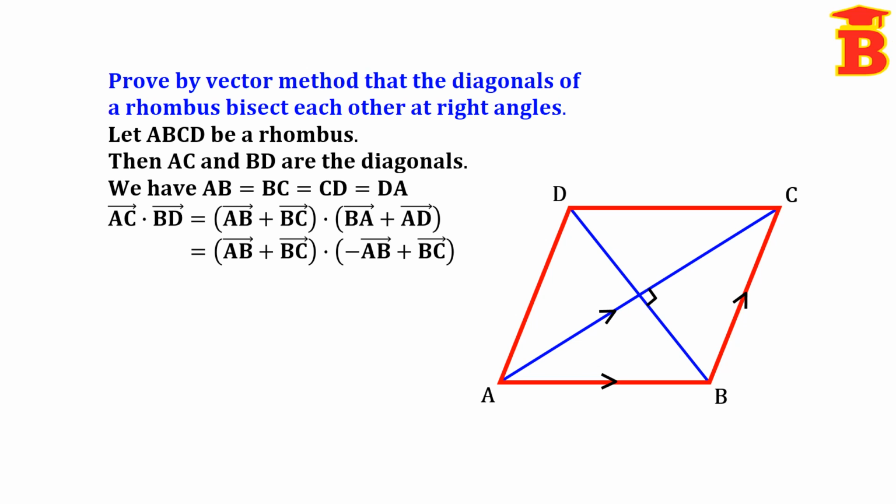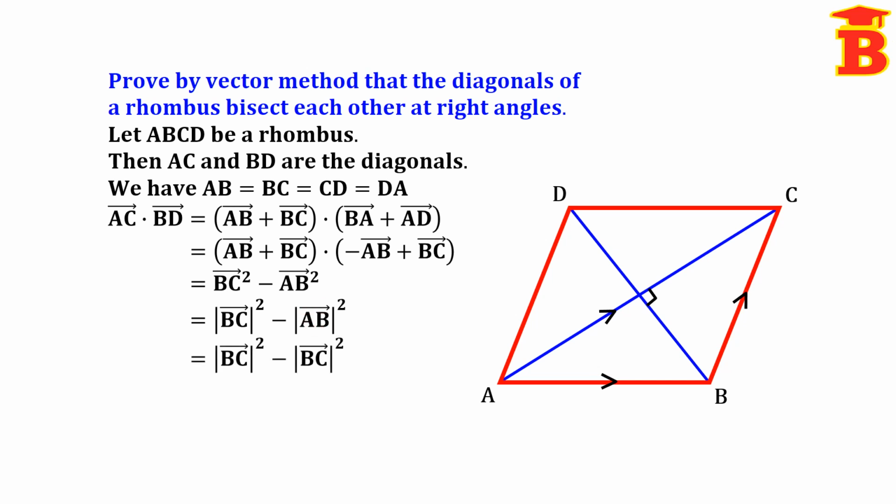Now this is of the formula (A plus B) into (A minus B), that is equal to A square minus B square. So using that formula we get BC vector square minus AB vector square. And the next step, square means we can take modulus. So this is modulus BC vector square minus modulus AB vector square. And this AB vector is same as BC vector. So that is what we mentioned in the beginning itself, AB equal to BC.